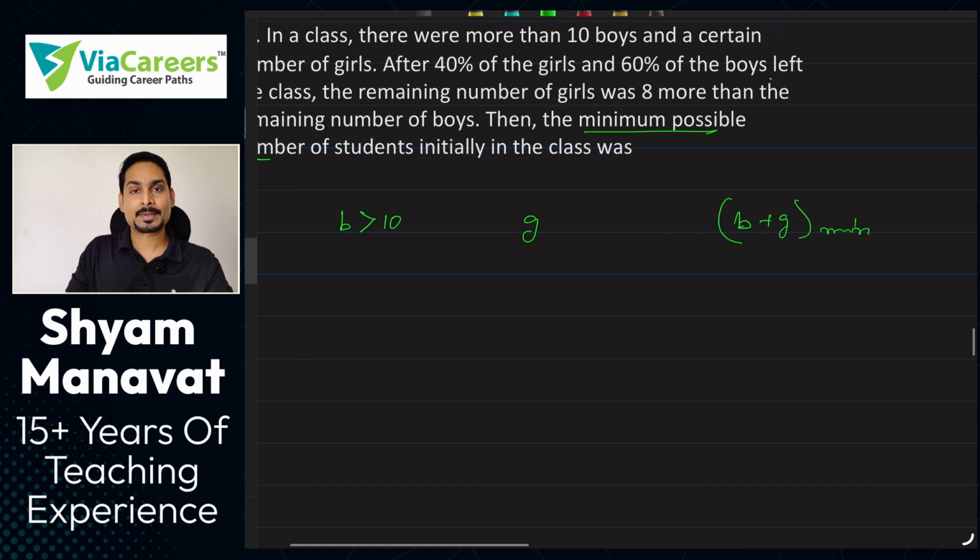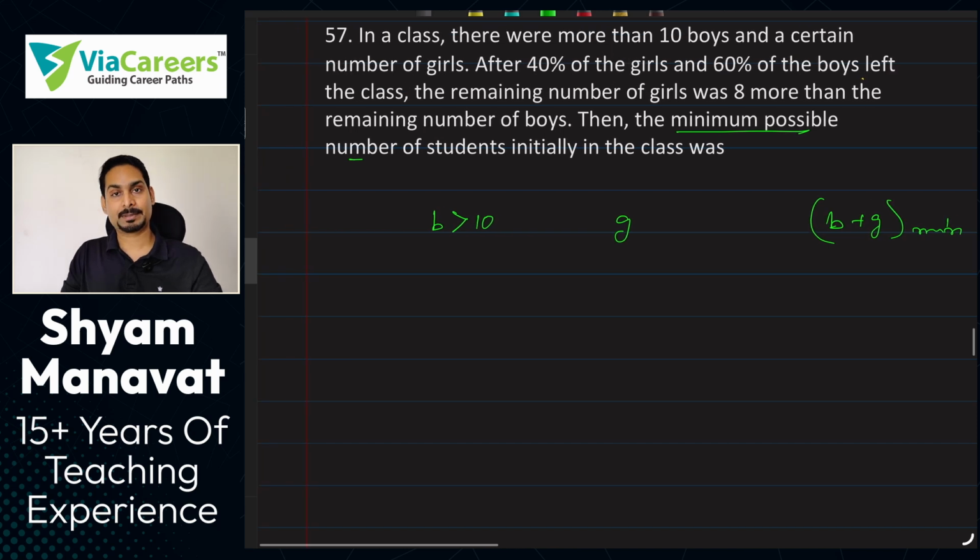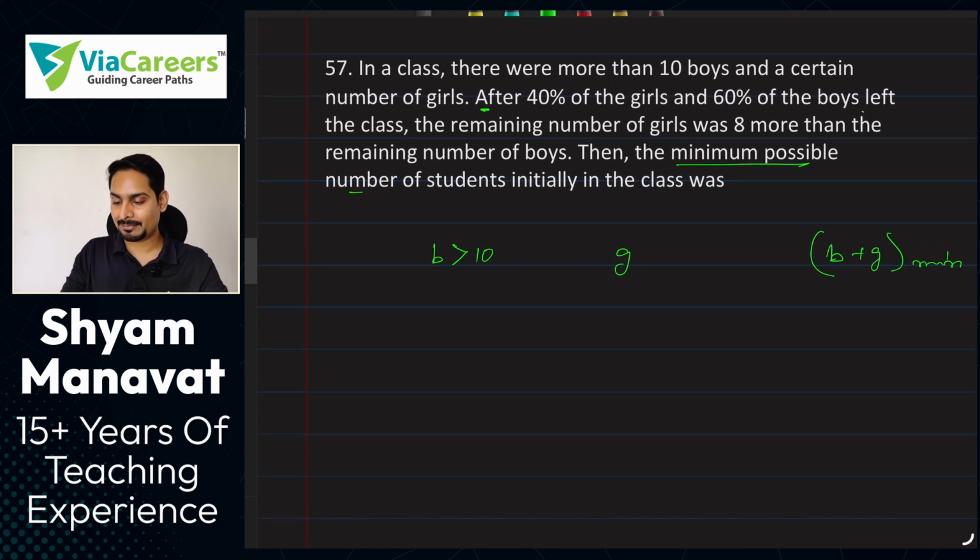First we'll apply the percentage concept. If 40% of girls left the class, then how many girls are remaining? 60%, right? 60% of girls are remaining. And 60% of boys left the class, so how many boys remaining? 40% of boys remaining.